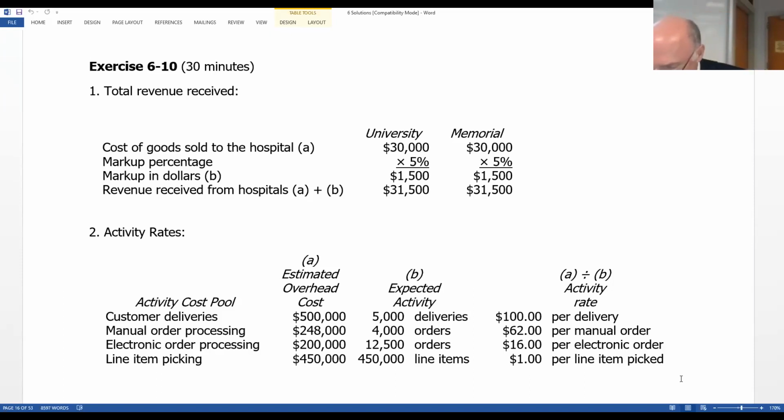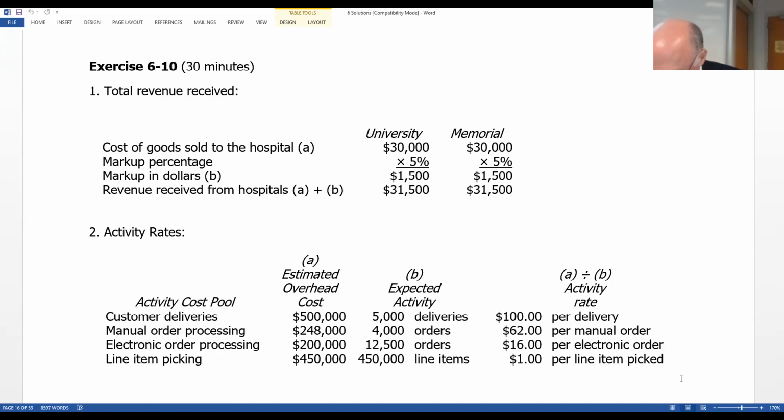For years, Worley believed that the 5% markup covered its selling and administrative expenses and provided a reasonable profit. However, in the face of declining profits, Worley decided to implement an activity-based costing system to help improve its understanding of customer profitability. The company broke its selling and administrative expenses into 5 categories.